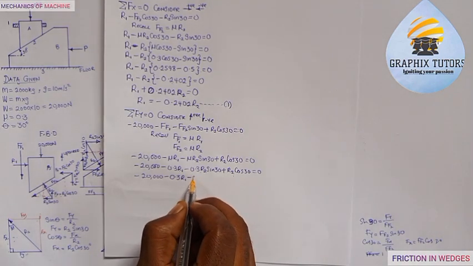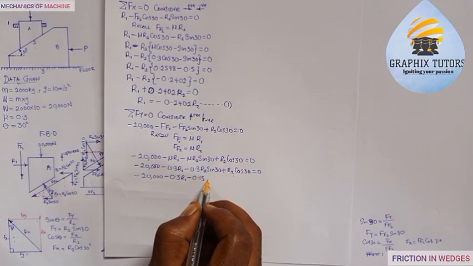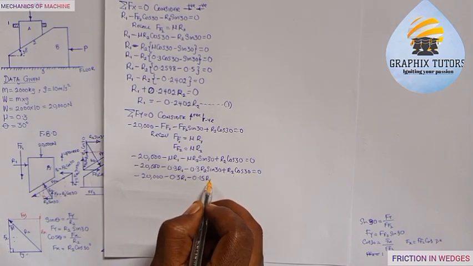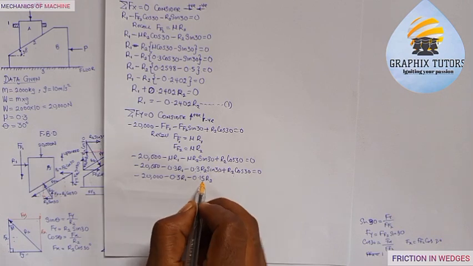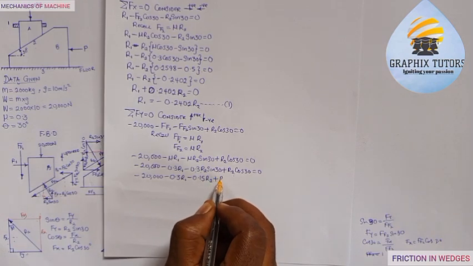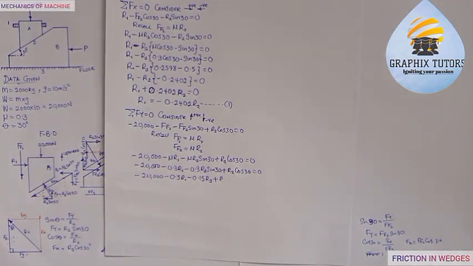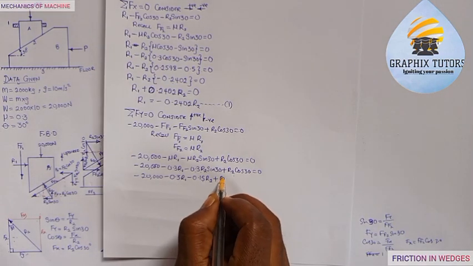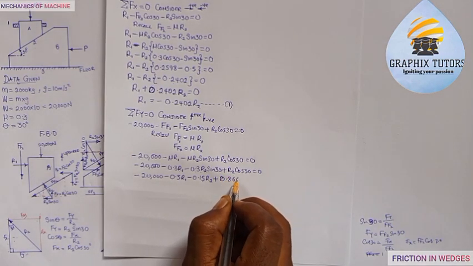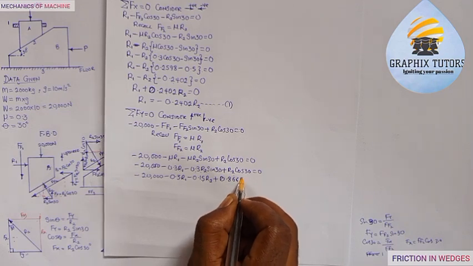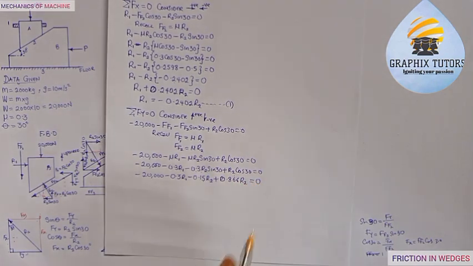So we have 0.15 R2, I multiply these two, so it gives me 0.15 plus, if you multiply cos 30, we have cos 30 giving us 0.866. So we'll now be having 0.866 R2 equals to 0.